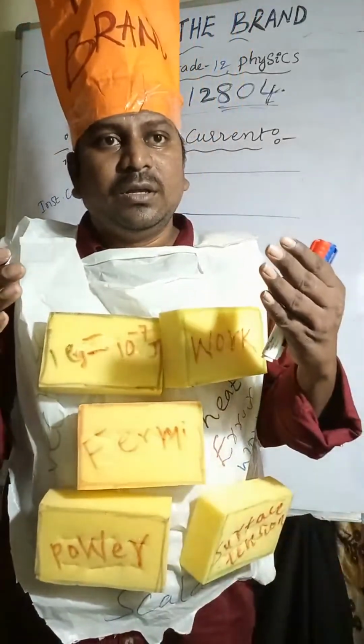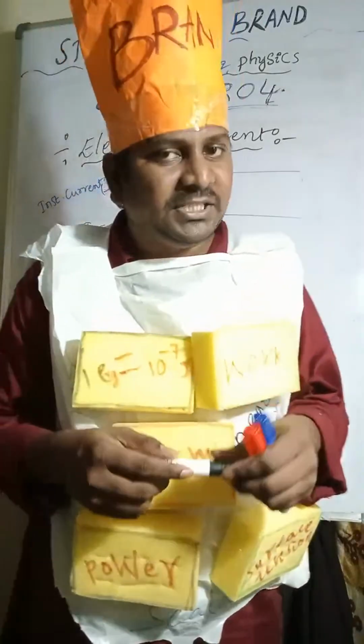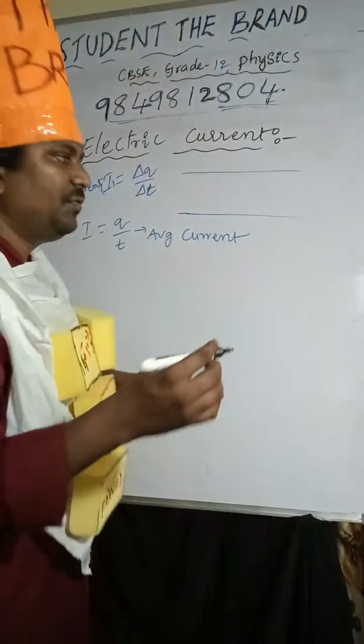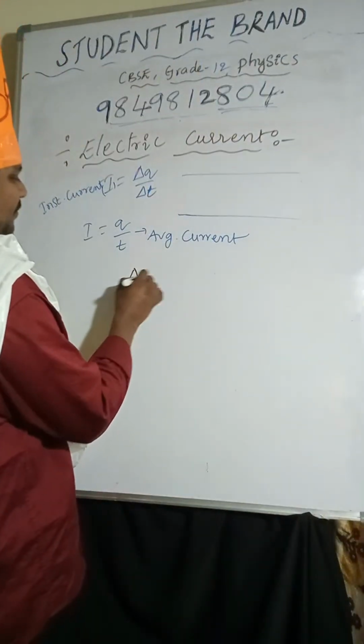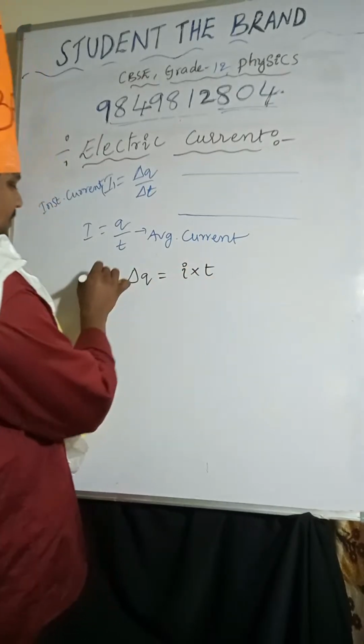The flow of charge can be obtained by multiplying constant current and time. If the current is a function of time, the flow of charge can be obtained by integrating I dt from t initial to t final.